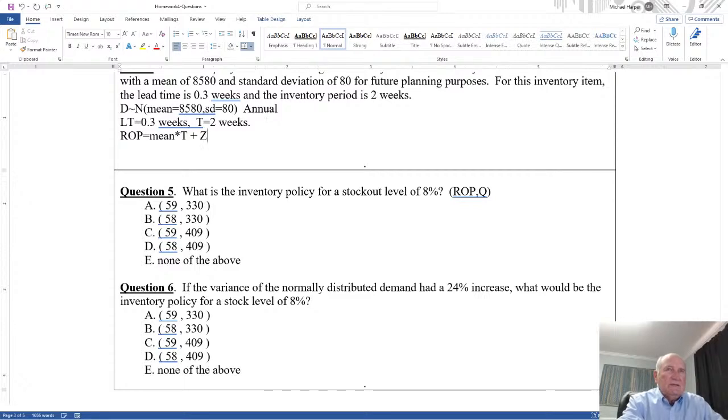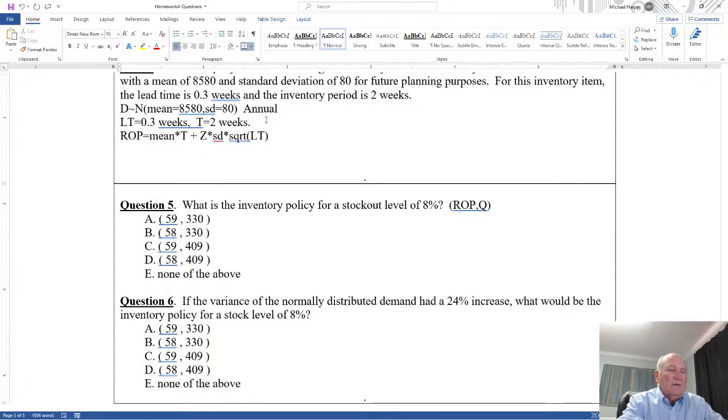And that's going to be a Z times the standard deviation times the square root of the lead time. So we have to go back to these equations and pull them off. The Q simply equals the mean times T. Well, this is the mean times the lead time. Forgot that. Okay.